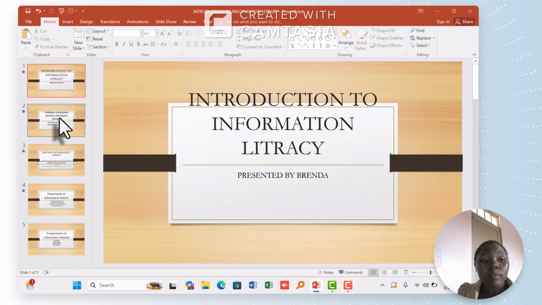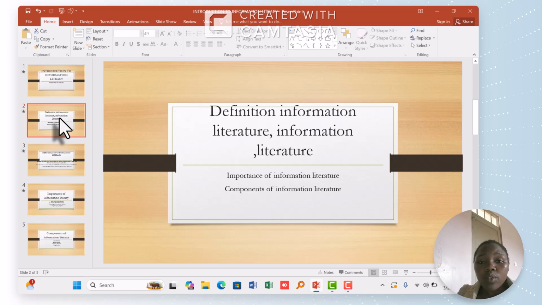In this video we are going to see the definition of information literacy. We are going to see the definition of information.